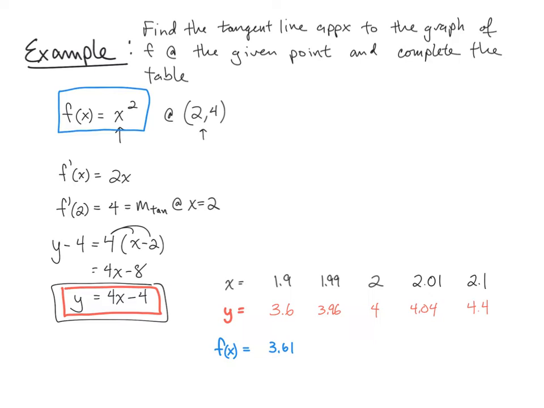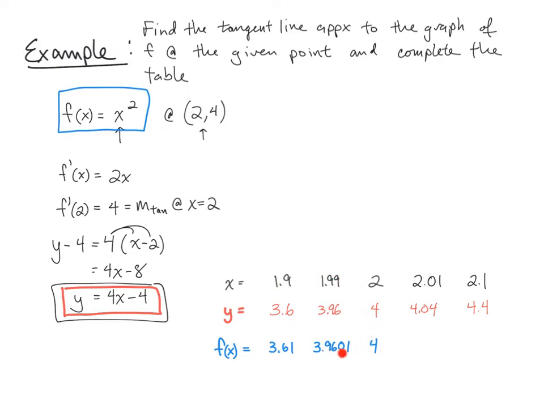And when you substitute 1.99 into the original function, you'll get 3.9601. Guess what? When you substitute 2 into the original function, you get 4. Right? I said that if you don't move to the left or to the right any amount, then there's no reason to use the tangent line to approximate the function.